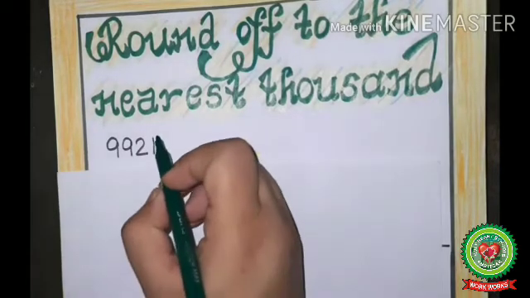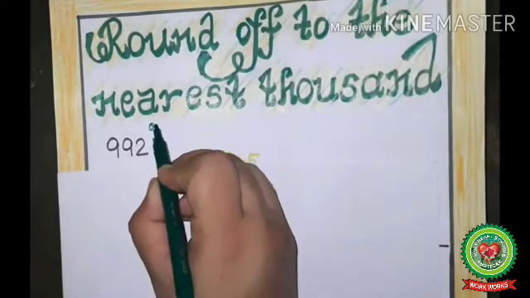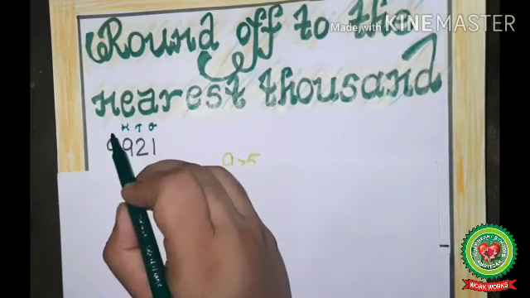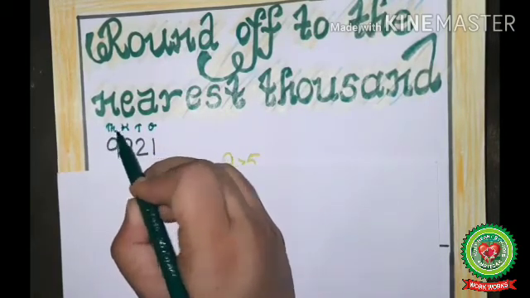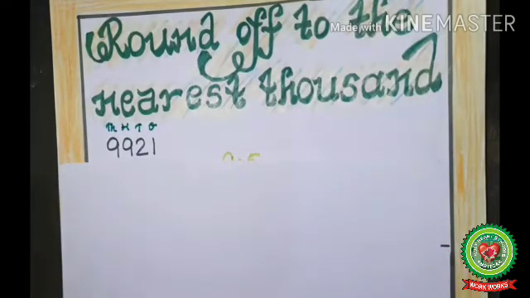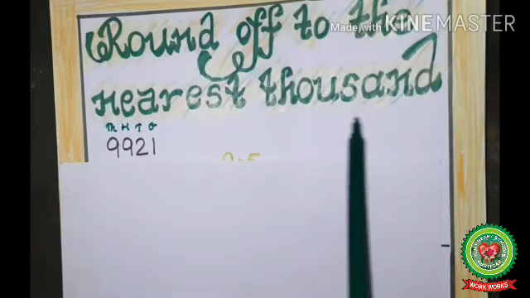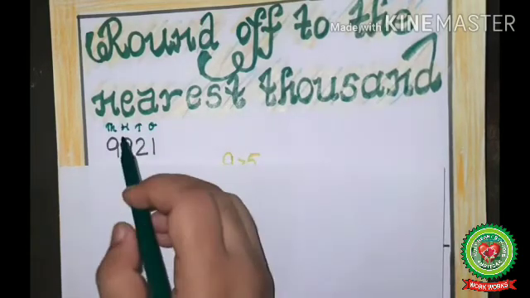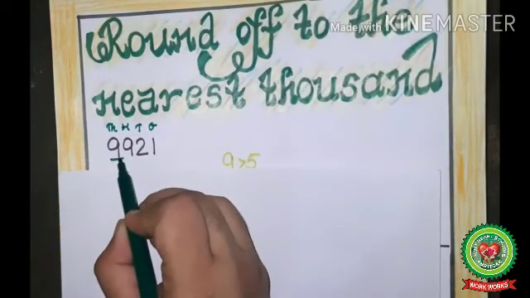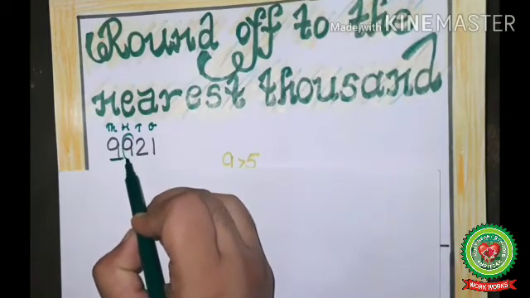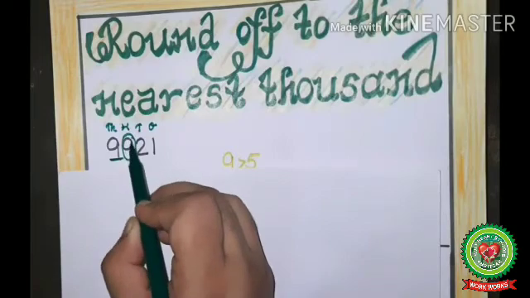So we will write down the place value table: ones, tens, hundreds and thousands. Now students, I have to round off to the nearest 1000. That means I will underline the thousands place and circle the digit that is at the hundreds place.